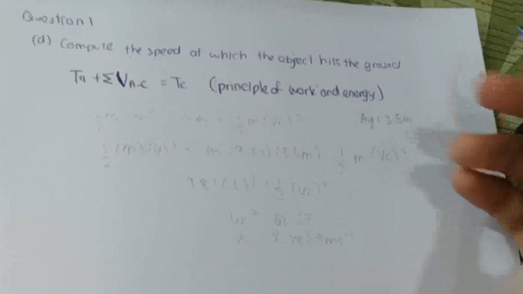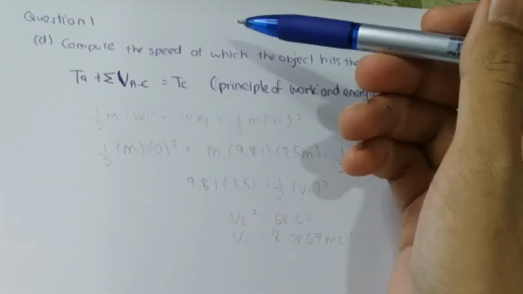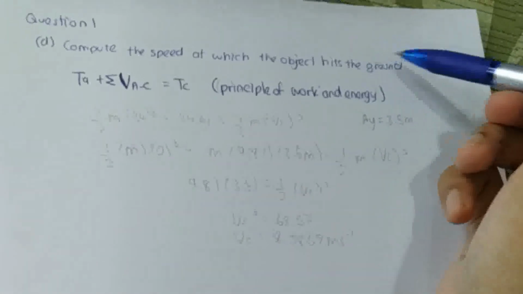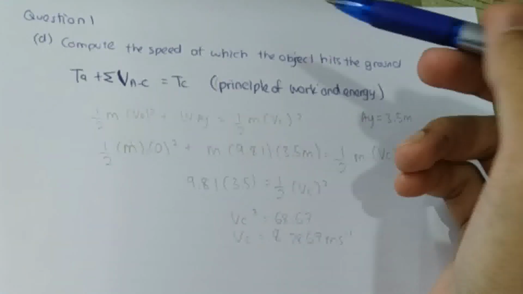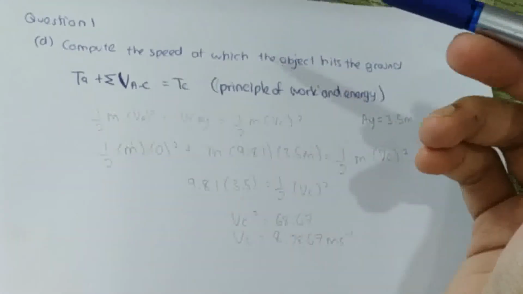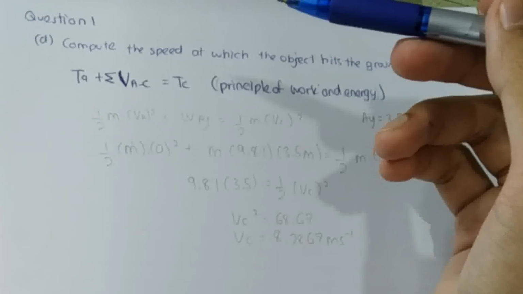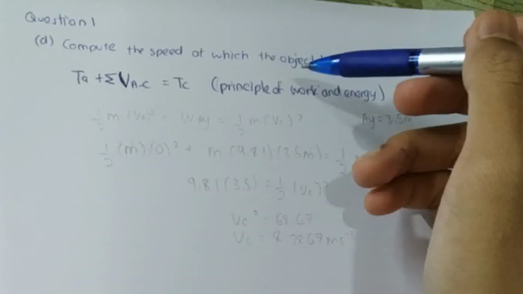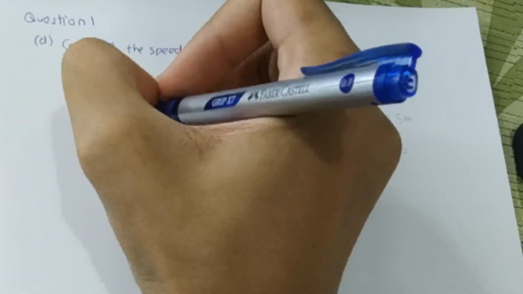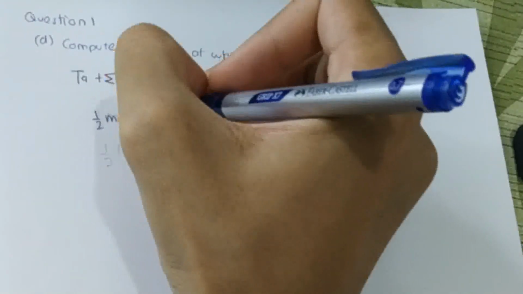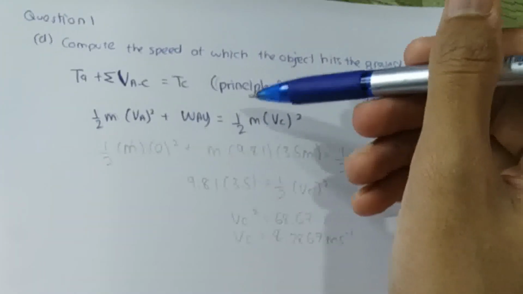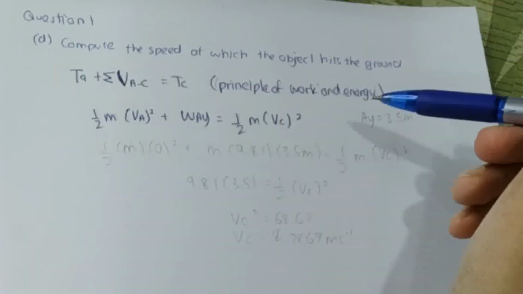So for question 1D, compute the speed at which the object hits the ground. To solve this question, we need to use the principle of work and energy. Then we put all the inputs into the equation.